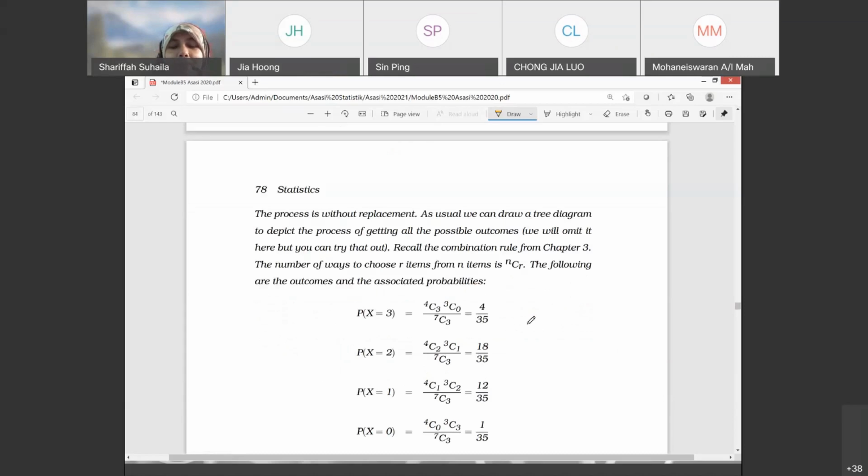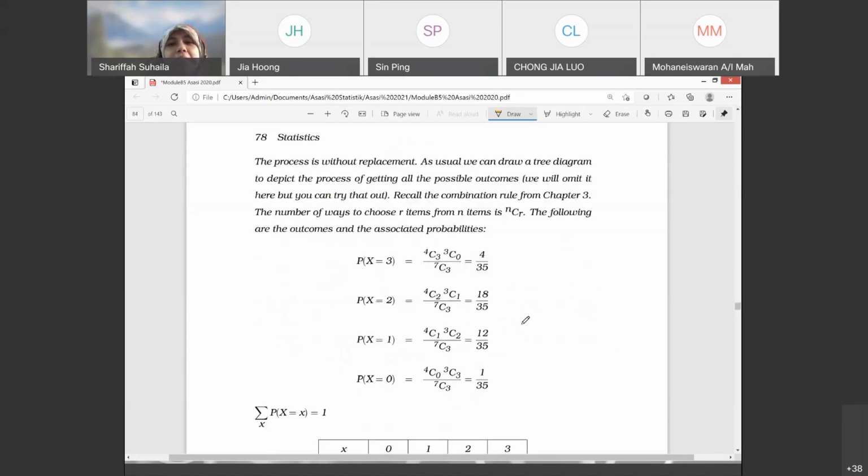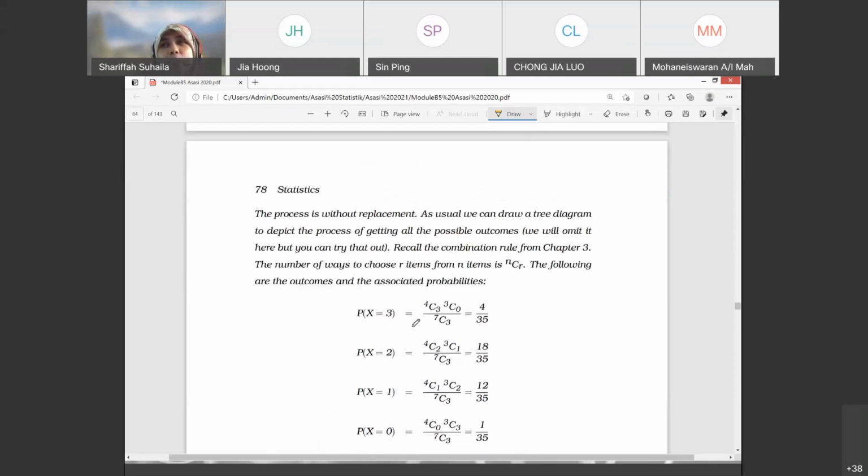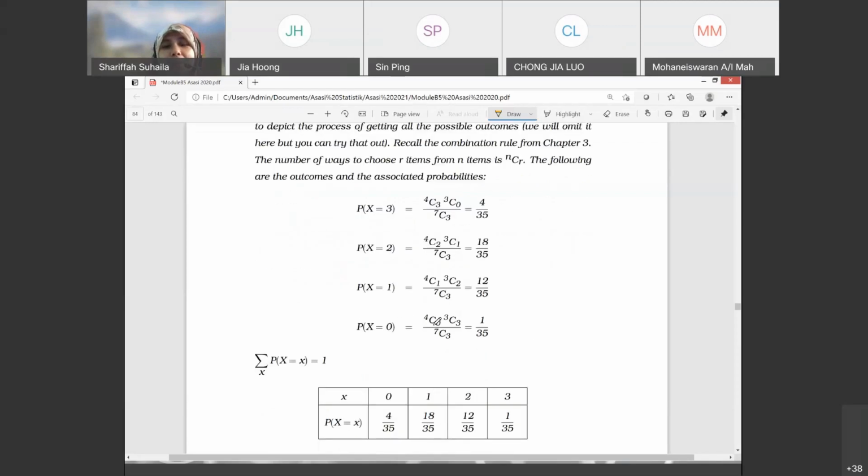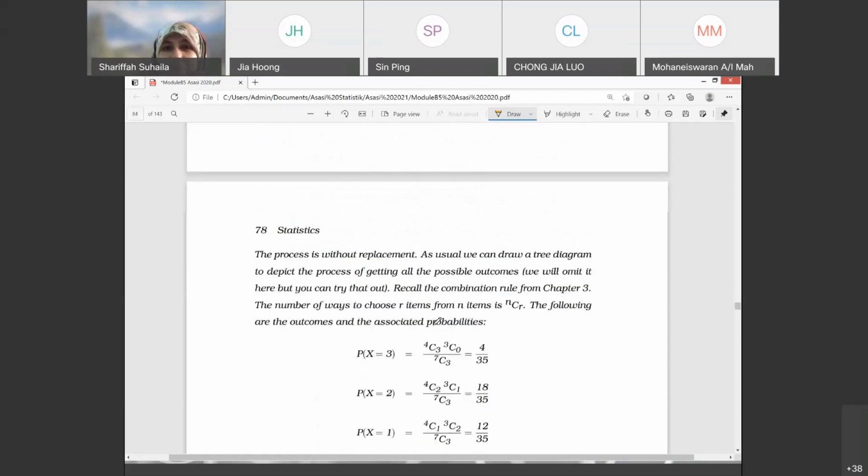So as usual, we can draw a tree diagram to depict the process of getting all the possible outcomes, or we can use the combination rule from chapter 2, nCr. To get the probability, you can do it the usual way, or use the combination rule concept. Let's look at probability X equals 0 first.